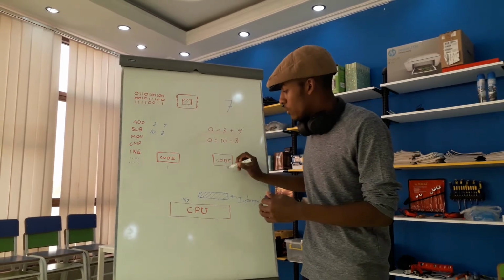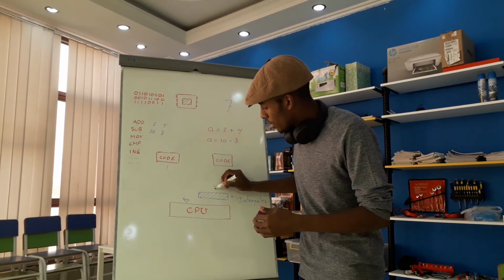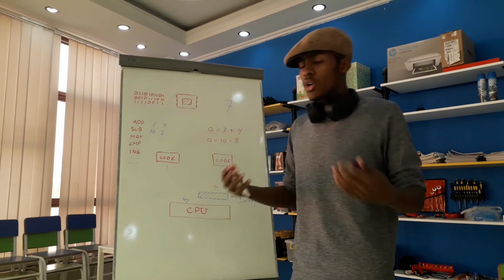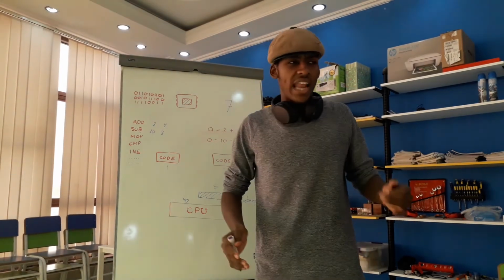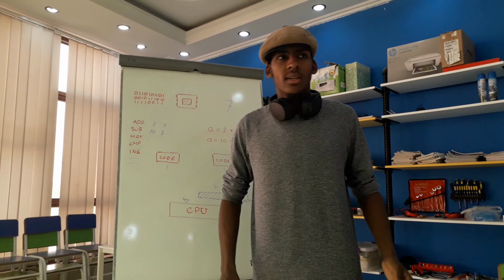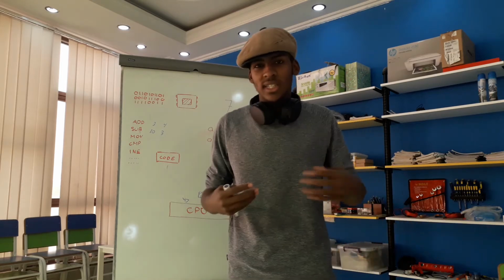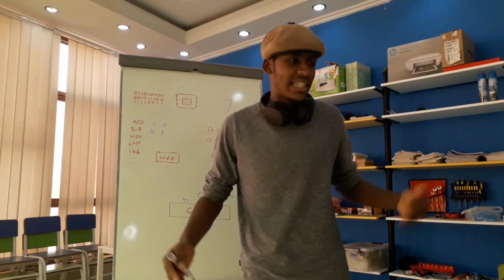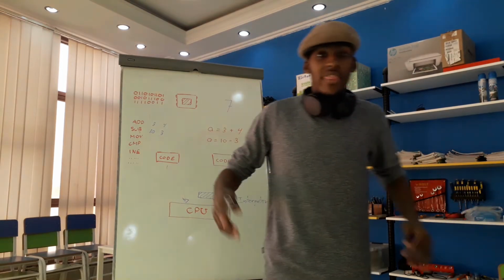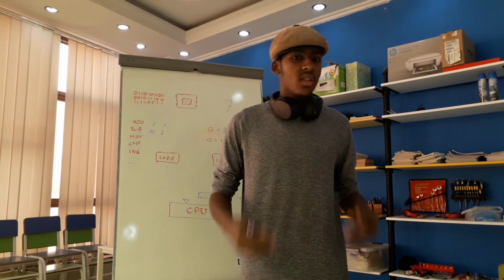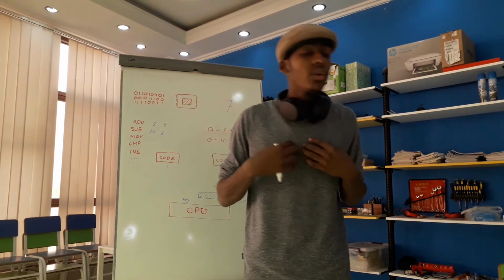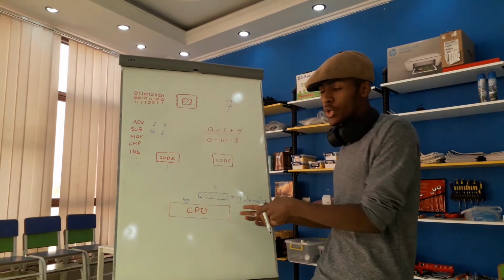For interpreted languages, you have to have the interpreter. The interpreter understands your human readable code and asks the CPU to do it. So one of them is like doing something on your own, the other is asking someone to do something for you. That makes stuff easier because there's a lot of stuff that you will not have to do on your own anymore. That's how interpreted languages work.